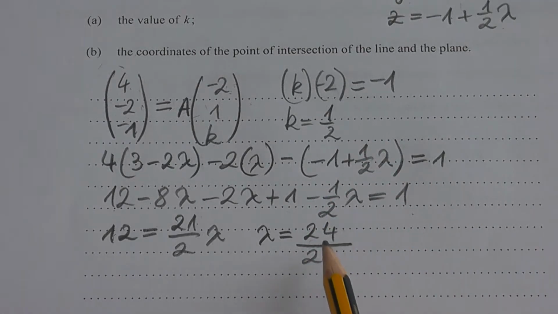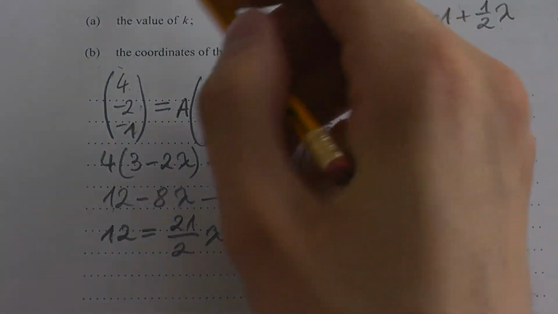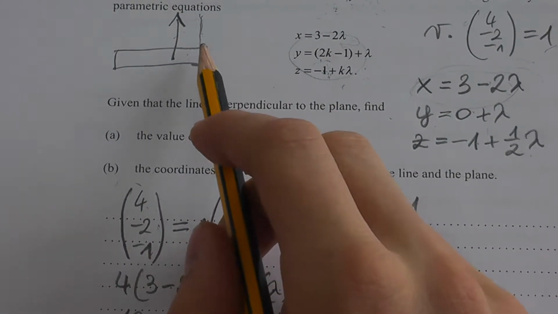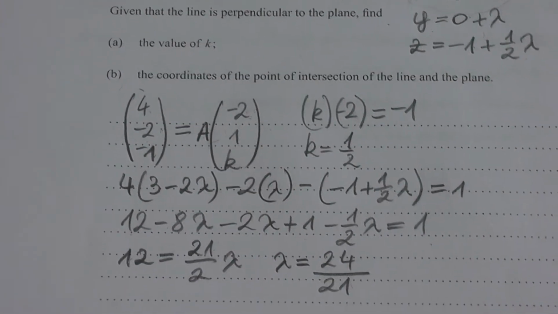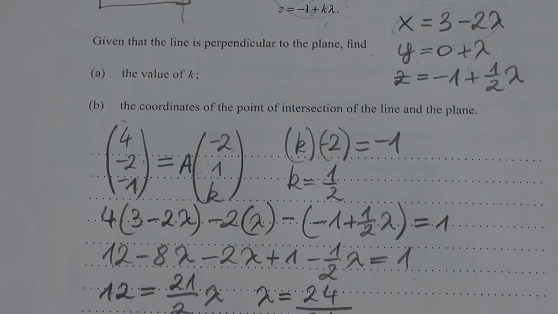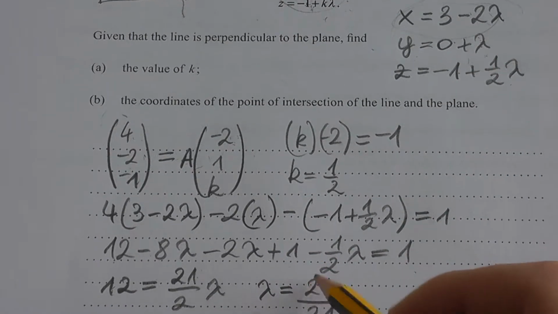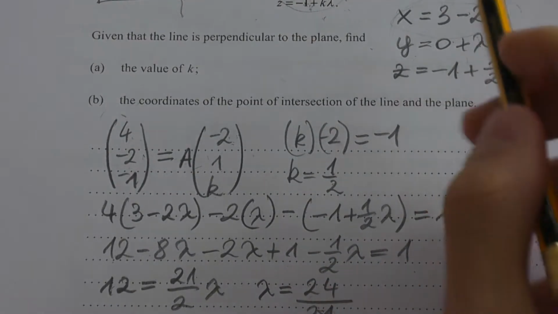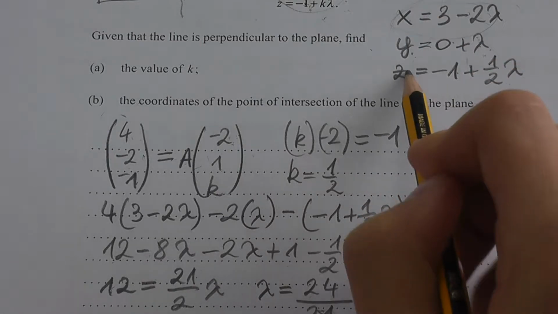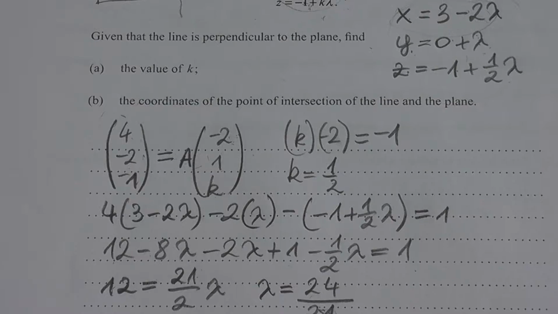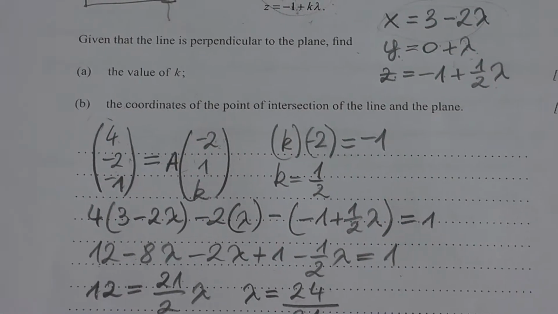And now we know what parameter this line that we have drawn up here has. And so all we need to do is take the original equation of the line and put the parameter that we have just found inside to find the points x, y, and z that satisfy this. And that is, again, not a difficult thing to do.